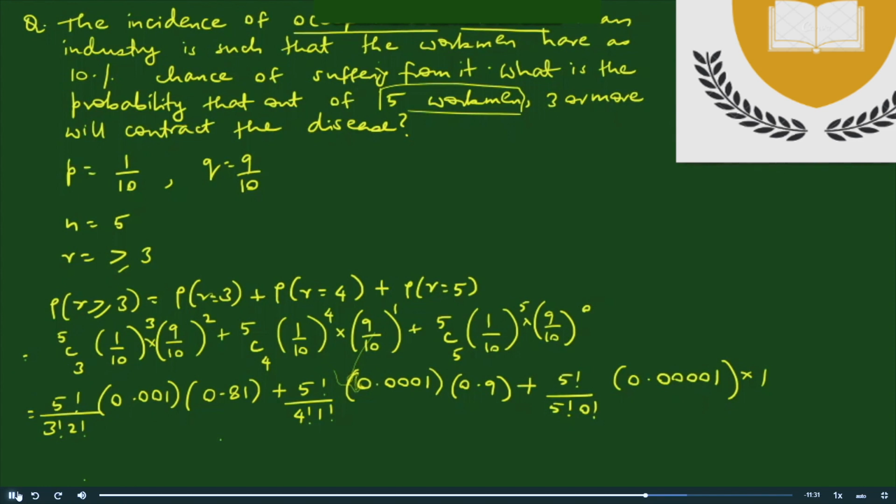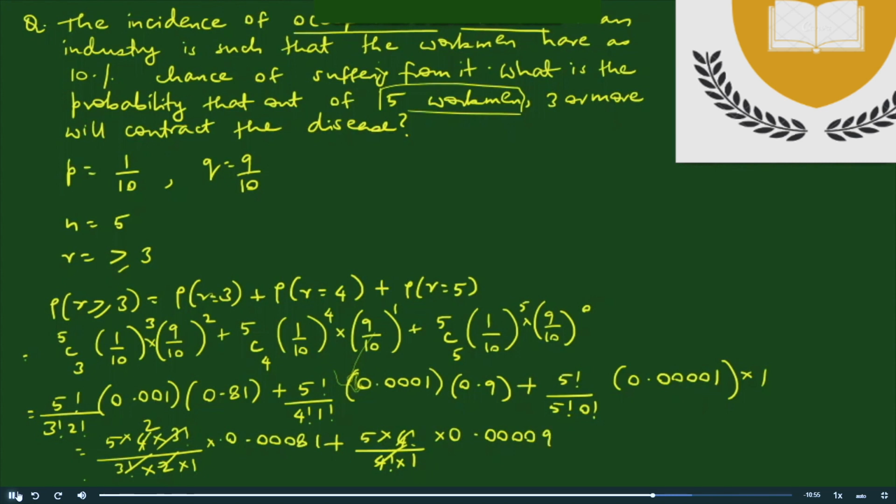This is equal to 5 into 4 into 3 factorial by 3 factorial into 2 into 1 into 0.00081 plus 5 into 4 factorial by 4 factorial into 1 into 0.00009 plus 1 into 0.00001.